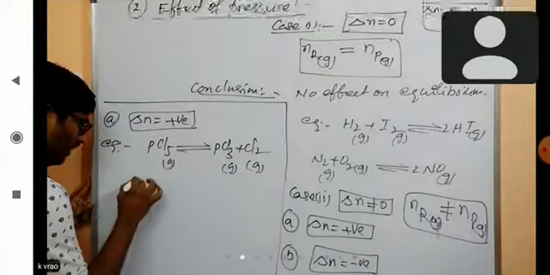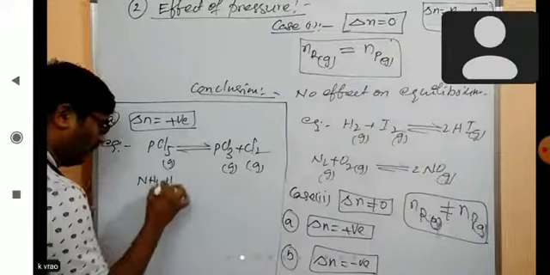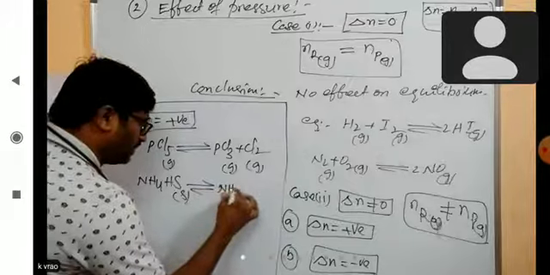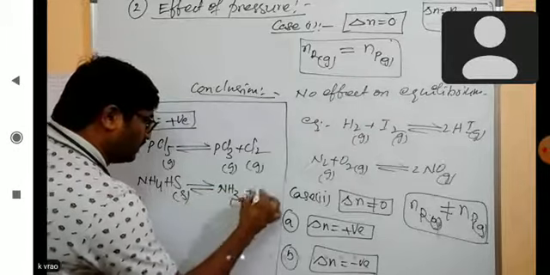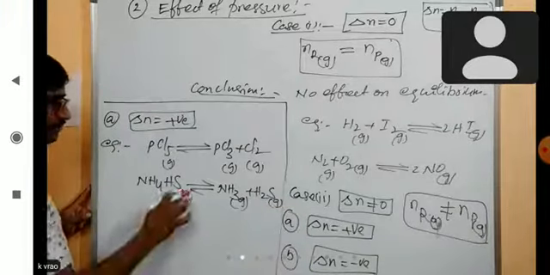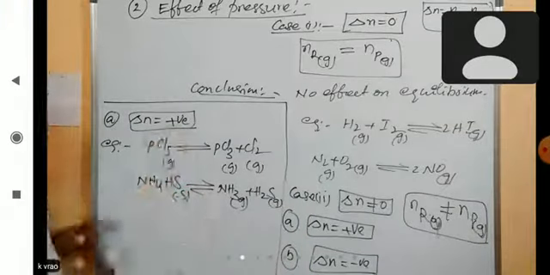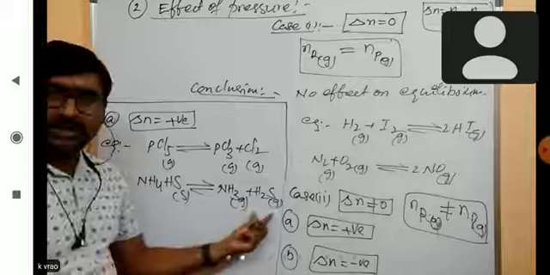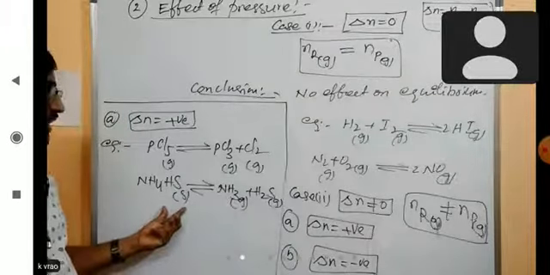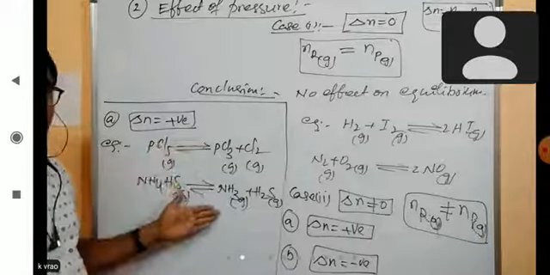Next, NH4HS solid gives NH3 gas plus H2S gas. In this case also, the number of moles of the products is greater than the number of moles of the reactants in the gaseous state. So these two are the examples.